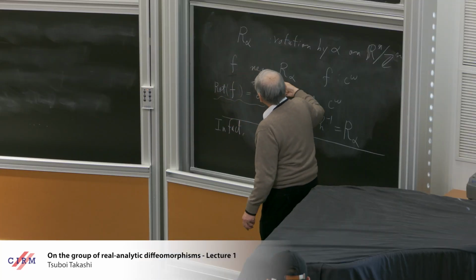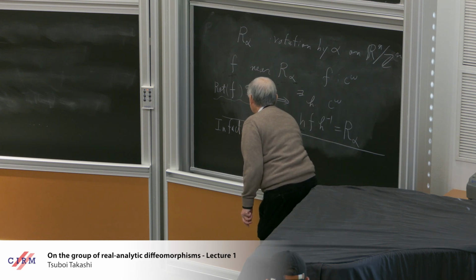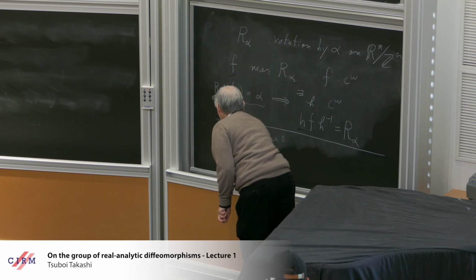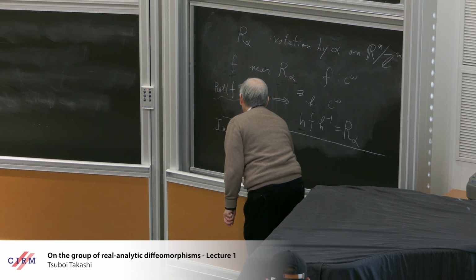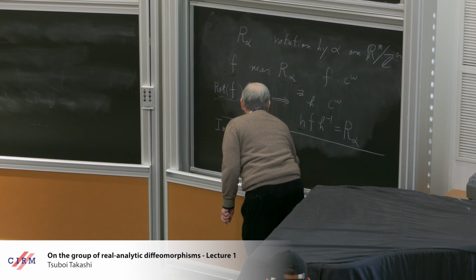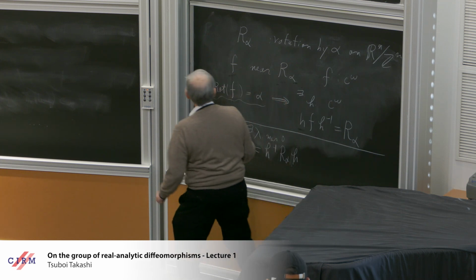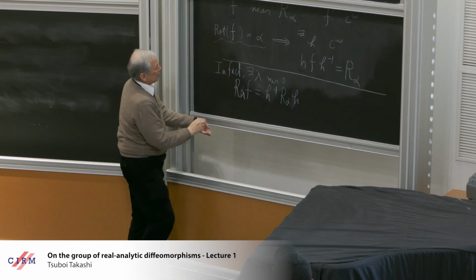Under the same assumption, there exists lambda near 0 such that F composed with rotation lambda is equal to H inverse R alpha H. It is manual, you can see.